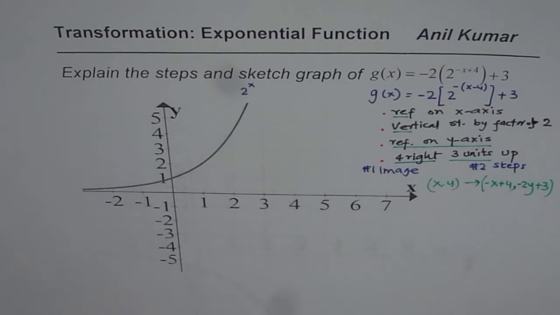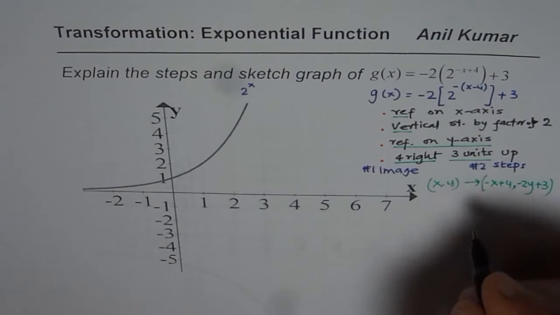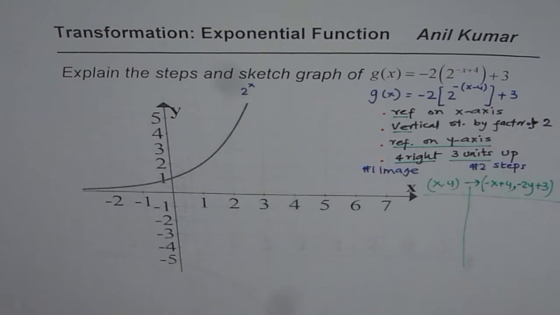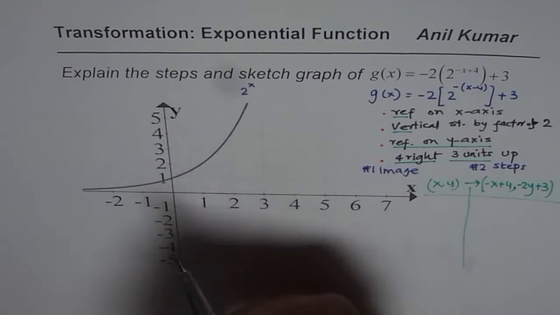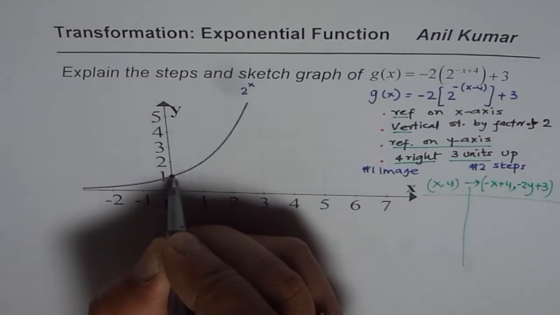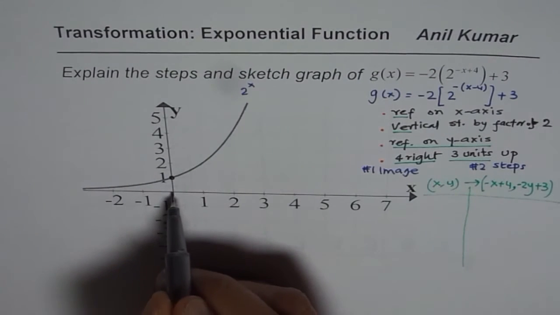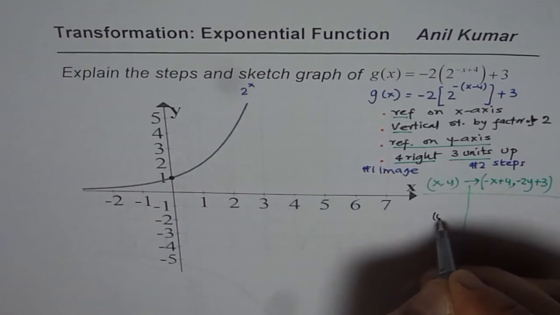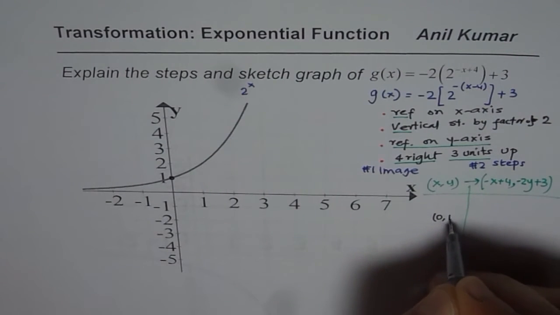So what we can do here is make a table of values and get some points. Now the question is, which are important points to consider? The points to consider are always, this is a very good point, at 0 the value of the exponential function is 1. So let me write down here 0, 1.